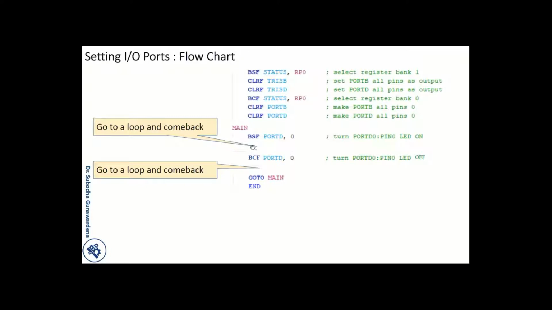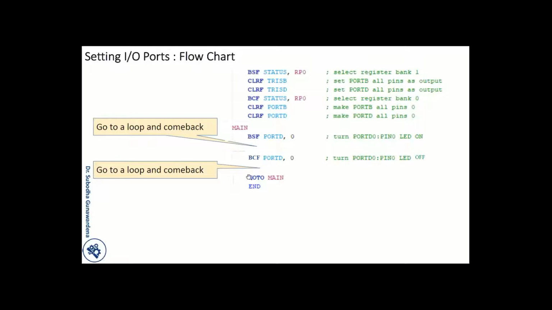And then I have the wait. For the wait, I have to write a loop, and then BCF PORTD pin 0. That means I will be setting my port D pin 0 to low, or 0, and then I have another wait. So I have to write a loop and go to main, which means I'll be going back to the main.